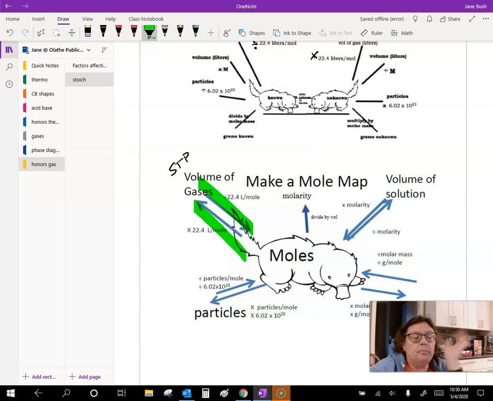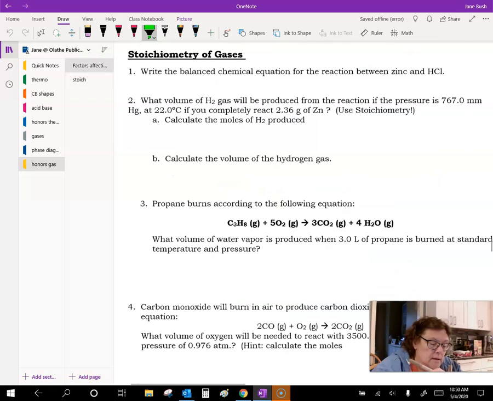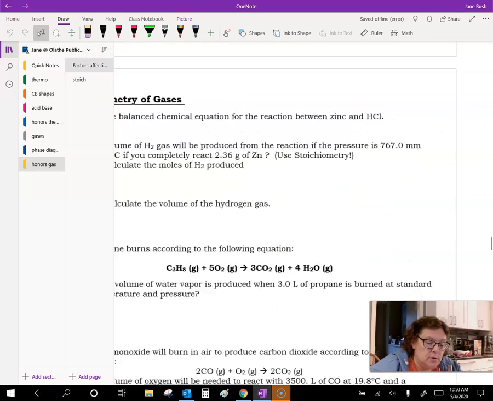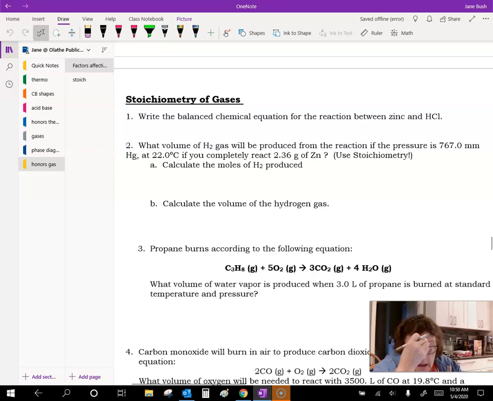All right, this presents some interesting aspects about stoichiometry when we talk about gases. If you look in your textbook or packet, on the page that says stoichiometry of gases, apparently I don't have page numbers in this, but it's closer to the end.